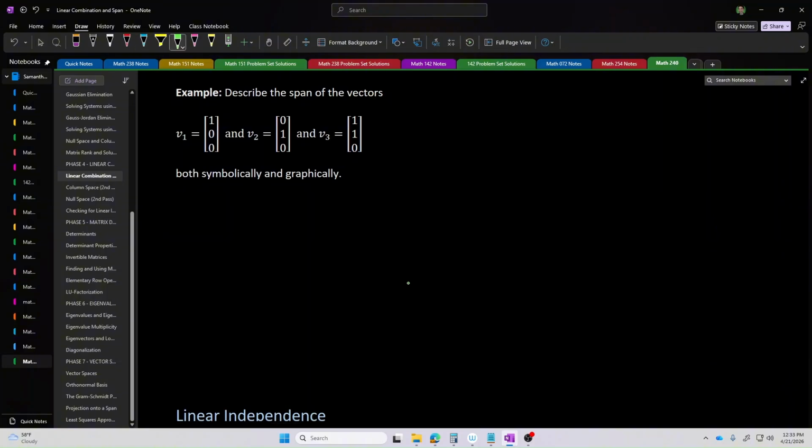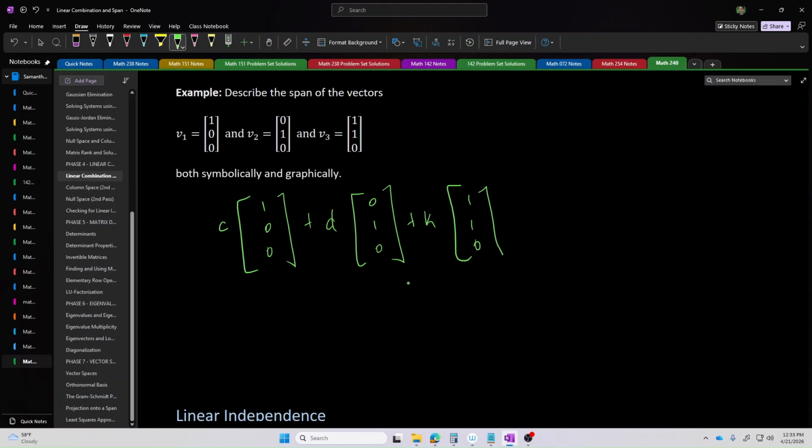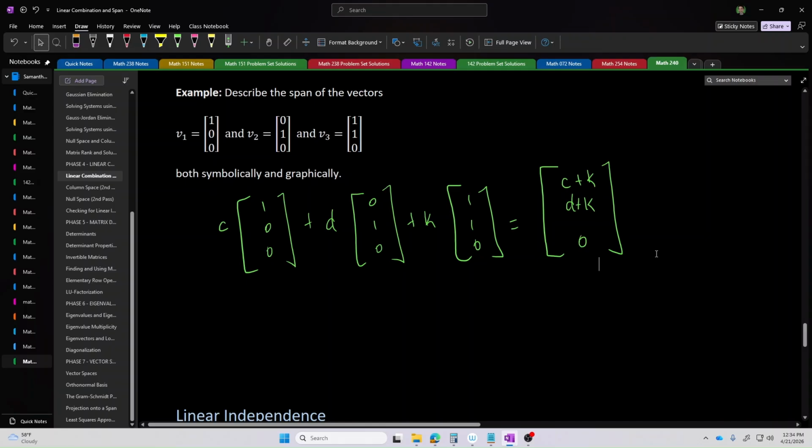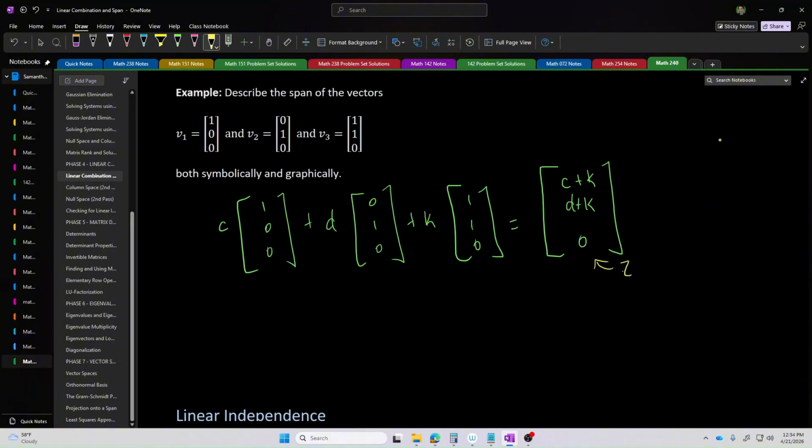If I combine these vectors symbolically, whatever number times the first vector, whatever number times the second vector, whatever number times the third vector, pretty much no matter what I do, I'm still going to end up with a vector that has 0 in the z component. So by spanning these vectors, spanning three vectors has still given me a two-dimensional set in the end. It's still given me only the vectors that are in the xy plane, the vectors that have z equals 0.